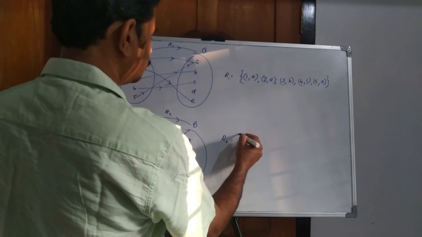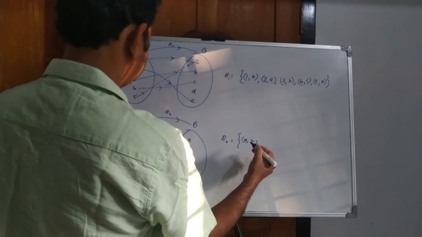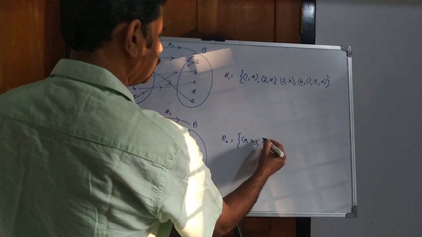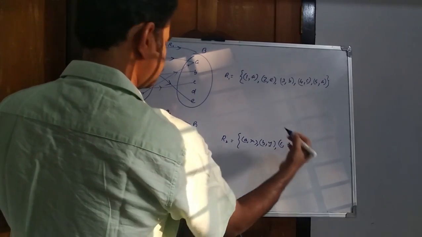R2 is equal to the set AX, BY, CZ. Okay.